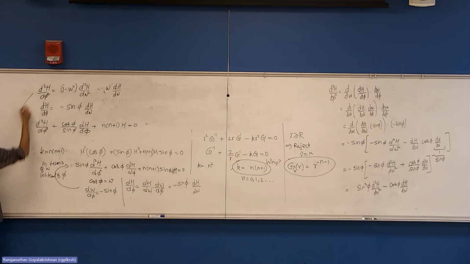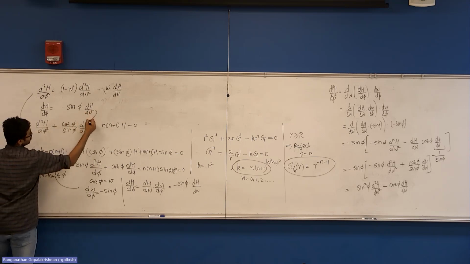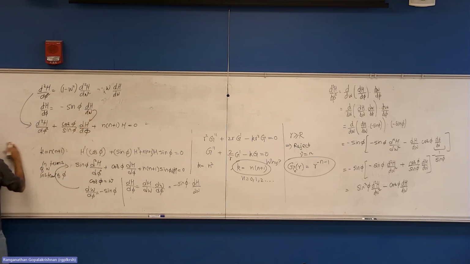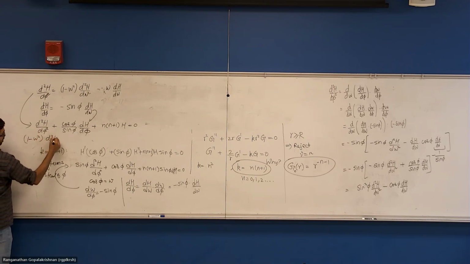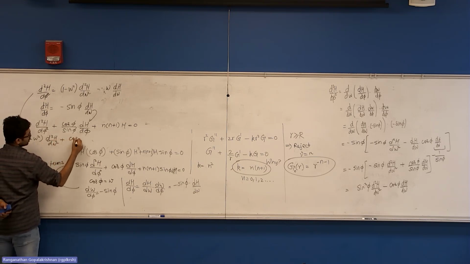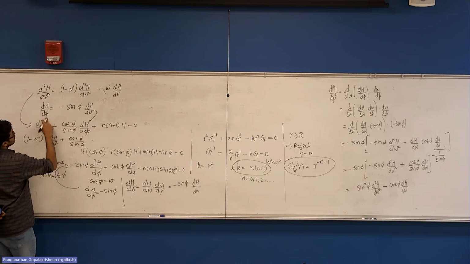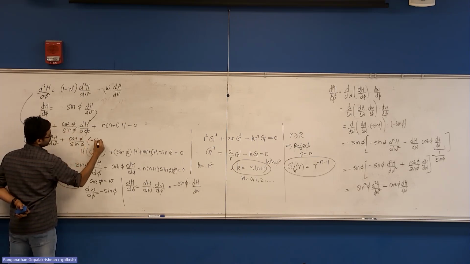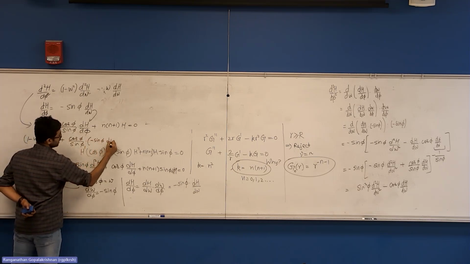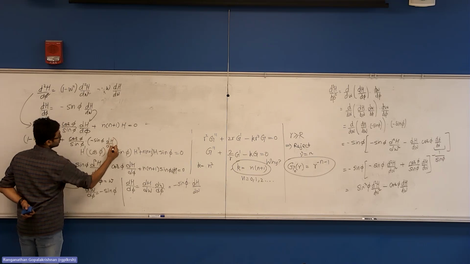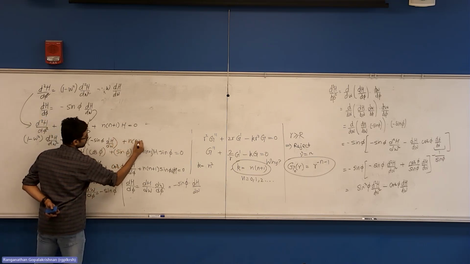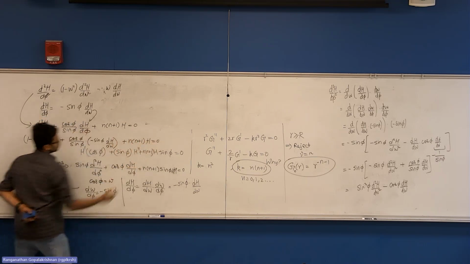So I'll have 1 minus w squared d squared h over dw squared plus cos phi over sine phi times minus sine phi times dh over dw plus n times n plus 1 times h equal to 0.